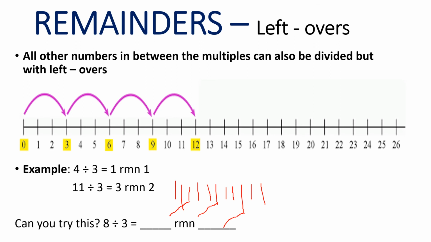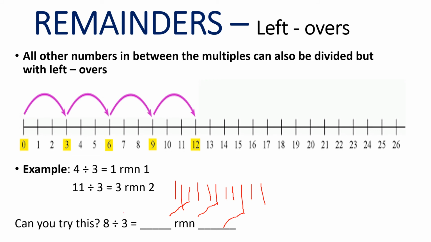So how many groups have we made now? We've made 1, 2, 3 groups. And how many leftovers do we have? 2 leftovers. So what's our answer for 11 divided by 3? 3, remainder 2. Okay? 3, remainder 2.